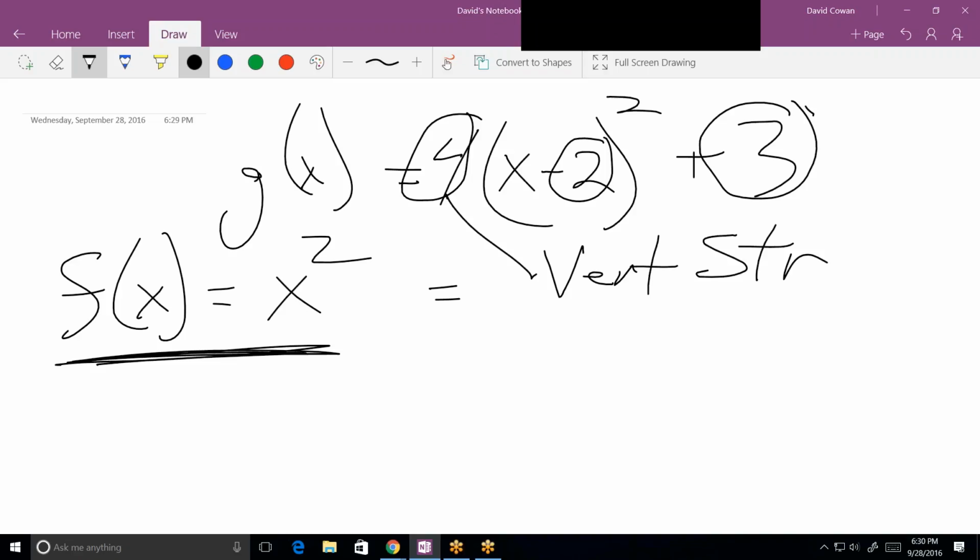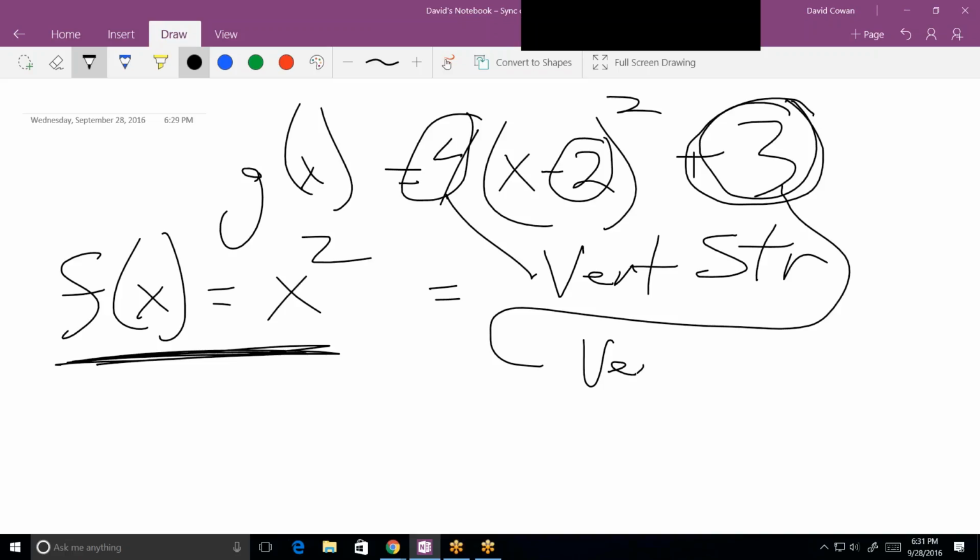And what's the plus 3 do? Vertical shift. The difference between shifts and stretches is that shifts do not change the shape of the curve. They merely move it up or down. Stretches do change the shape. They make the curve skinnier usually.